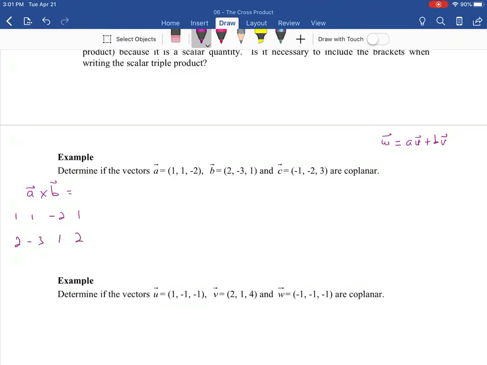So, 1, 1, negative 2, 1, 2, negative 3, 1, repeat. So now I'm going to do it without the lines on there. There's the pair. 1 minus 6 is the first component there.